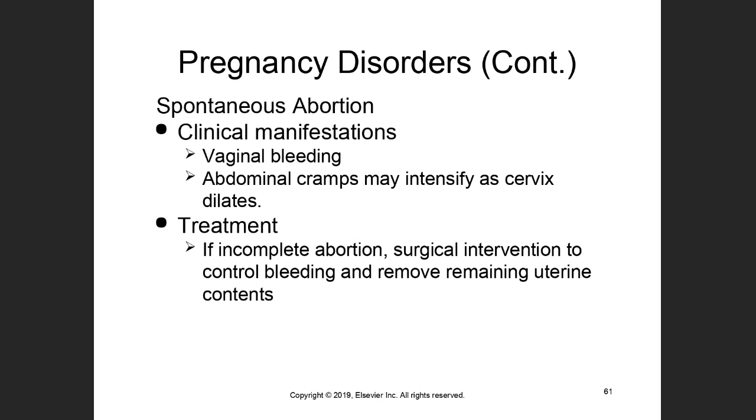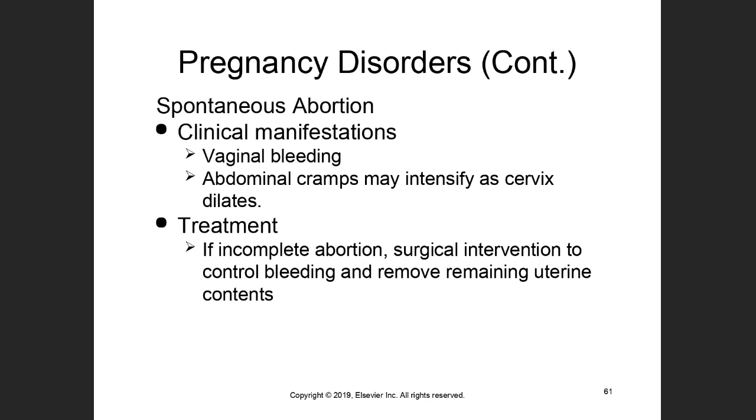Clinical manifestations: vaginal bleeding, abdominal cramps, and possibly cervical dilation. Treatment if incomplete abortion. We have a lot of types of abortion: spontaneous, complete, incomplete. The chromosomal abnormality is in the child, not in the mom, in the product.